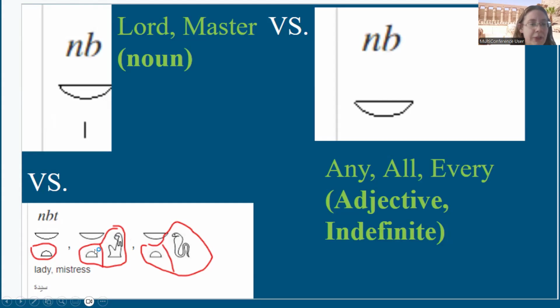You have the neb and then the feminine T, making nebet, followed by a determinative. And then you have again neb followed by the feminine T, making nebet, followed by a determinative. I don't know this for sure, but from what I understand, the decision in terms of when they would use which determinative was partly based on whether you're talking about a divine female figure or a mortal female figure.